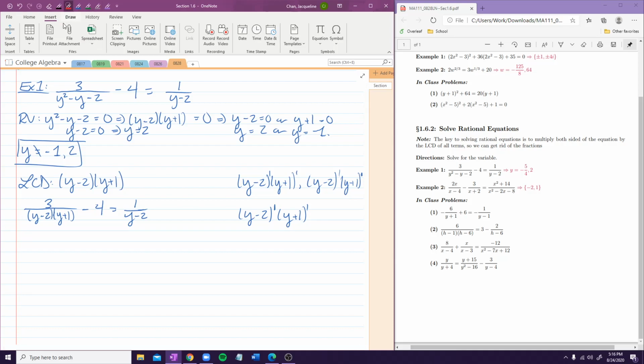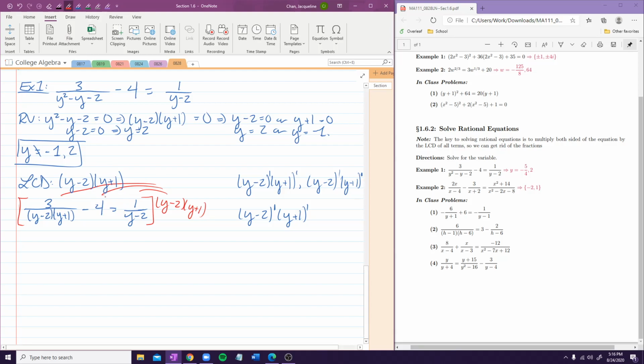So what am I going to do with this LCD? I'm going to multiply both sides. Like I said before, if you want to just bracket the whole equation and multiply, that's fine. Just make sure you distribute to every single term.